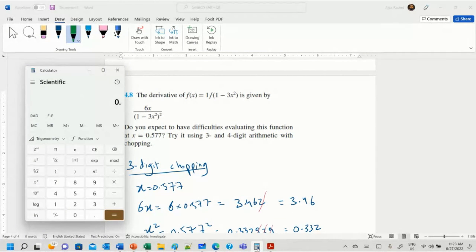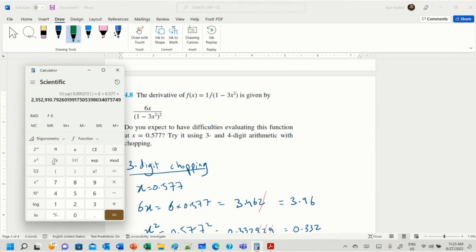So 0.577 squared multiplied by 3, plus 1 squared, inverse, multiplied by 6 multiplied by 0.577.